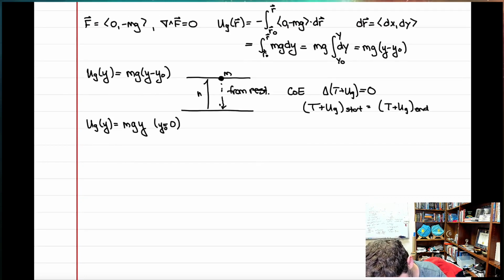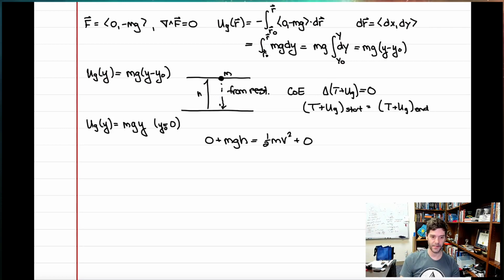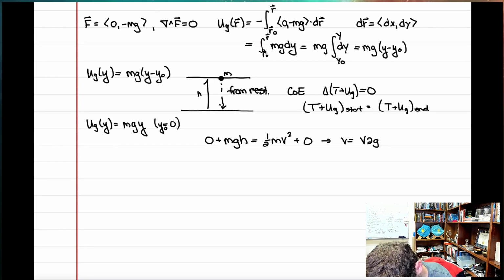So then it starts from rest, so the initial kinetic energy is 0 plus, it starts at height h off the ground, and then it ends with some kinetic energy, and it's located at y equals 0, so it has 0 potential energy. So in this case, v is the square root of 2gh.